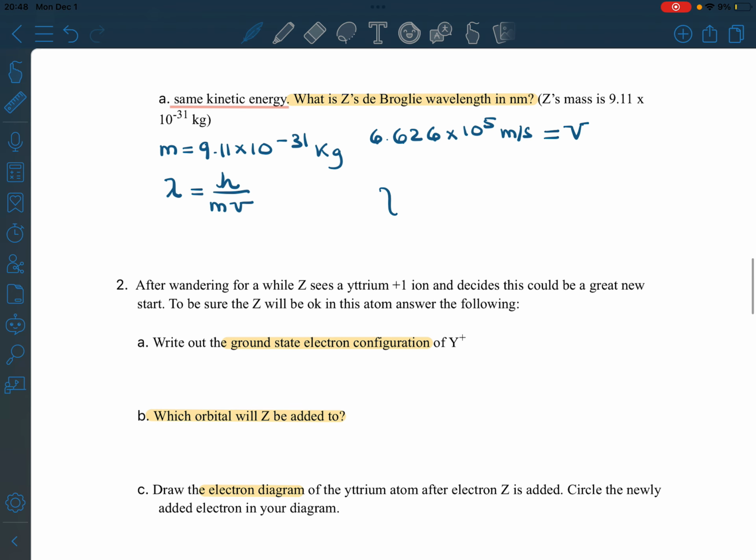So wavelength equals Planck's constant, which is h, which was on the equation sheet, 6.626 times 10 to the negative 34. I'm going to write the rest of this. Okay, Planck's constant all over the mass times velocity.